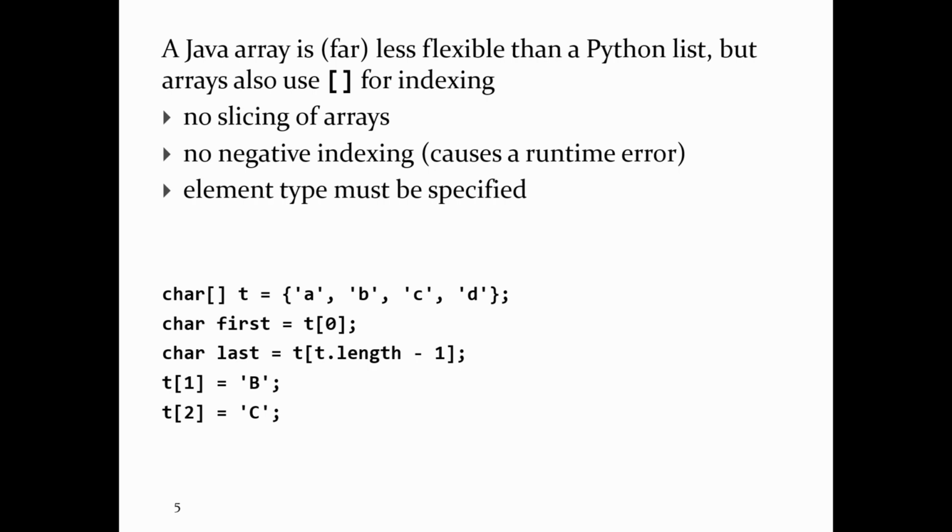So the character A, the character B, the character C, the character D. All characters are one character in length. So you can't have the character AB, for example. That's a string. So individual elements of a string are called chars or characters.